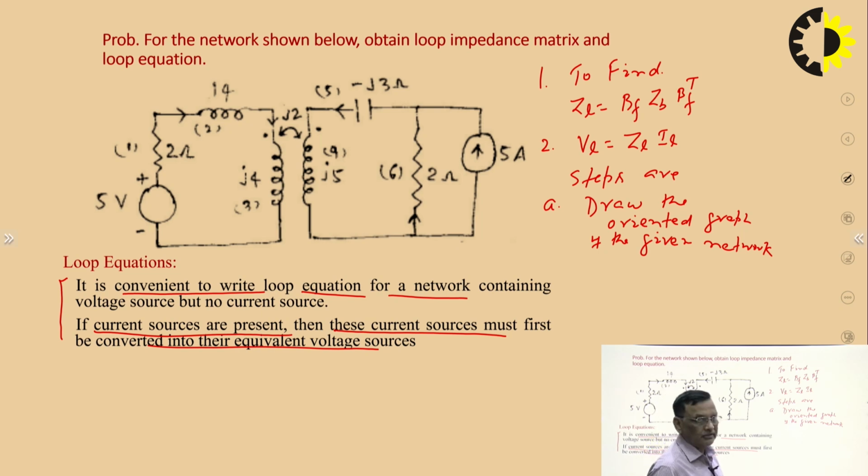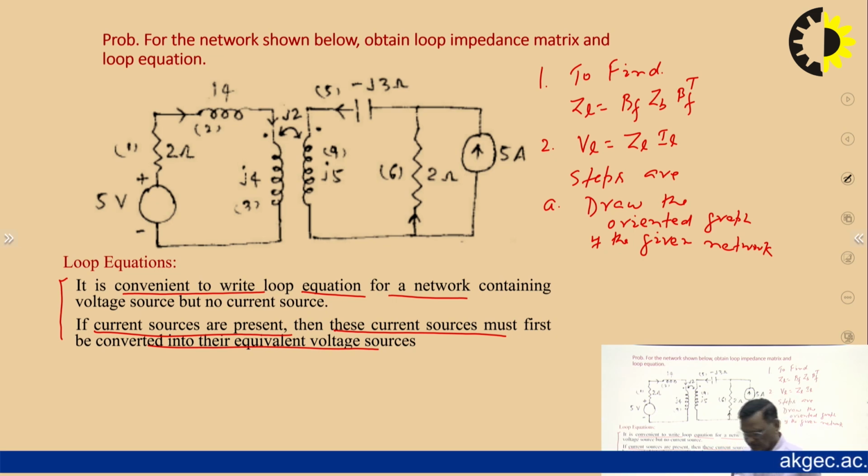If the directions of currents are given in the network, then you can draw the oriented graph. If the directions are not given, then first orient the network as per conventions, having the current sources and voltage sources. In the present case, the directions of the currents are given, so you need not orient the network. You can straight away draw the oriented graph.